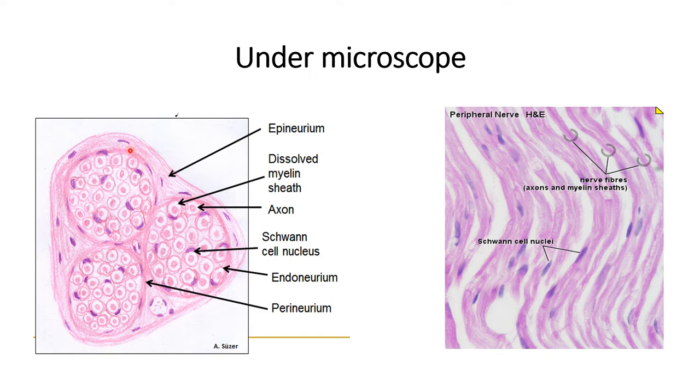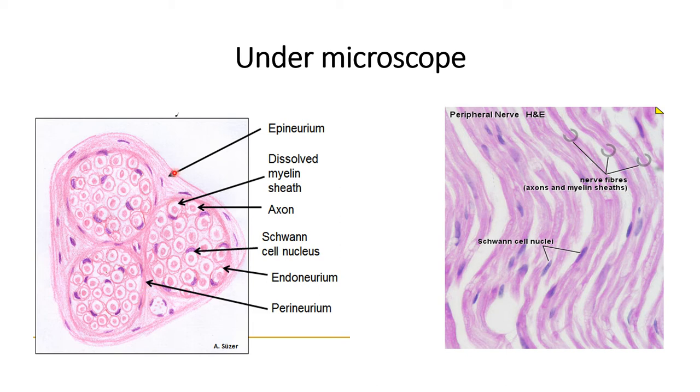Then inside the nerve there are fascicles. This is one fascicle, this is second, this is third. And when you appreciate a single fascicle, here, it is called the perineurium, which is also a connective tissue, and these cells are connected to each other by zonula occludens, so it actually makes a sleeve around the nerve fibers and functions as an active diffusion barrier, also known as the nerve barrier.